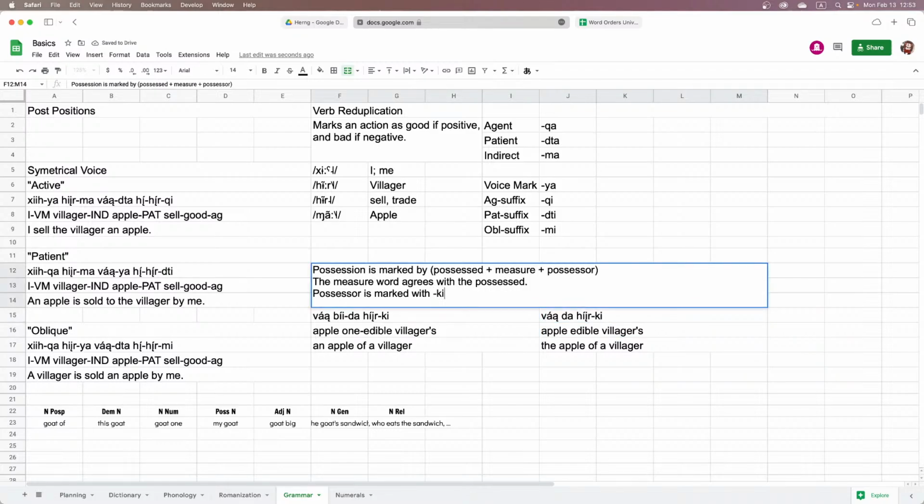Marked with ki, or get some vowel harmony in there, ka, with ki or ka, depending on last vowel of word. Only used to disambiguate.